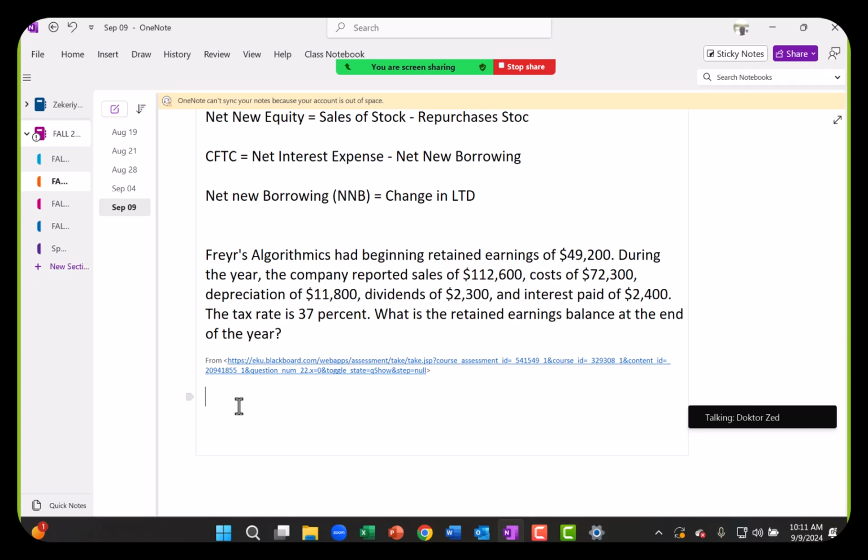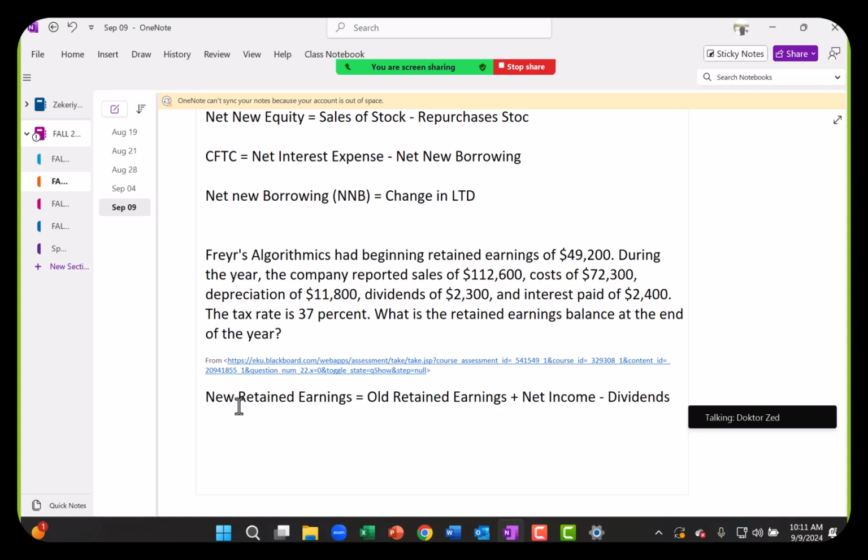Well, new retained earnings equals old retained earnings plus net income minus dividends. Because that's how much you add to the retained earnings.